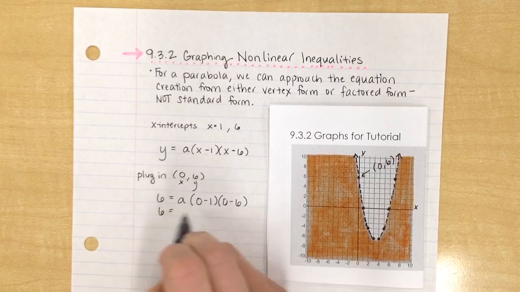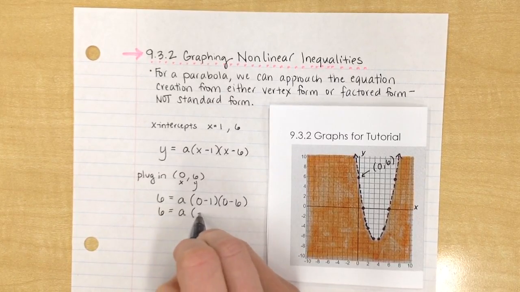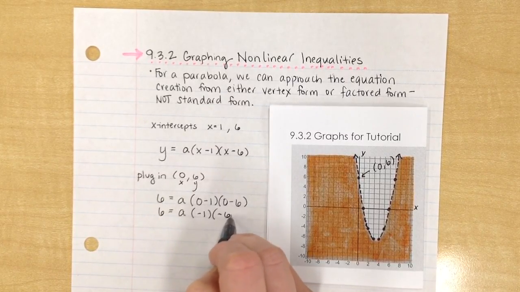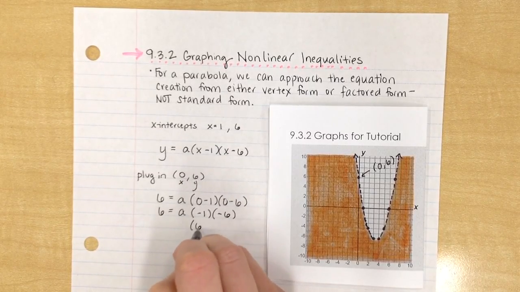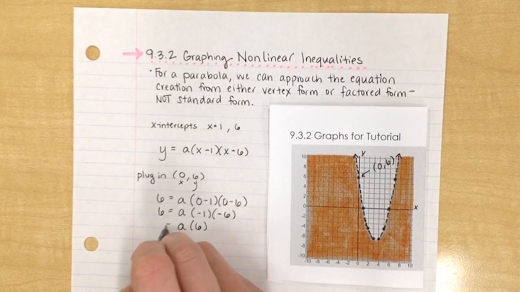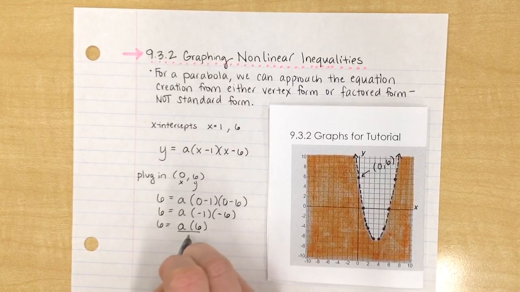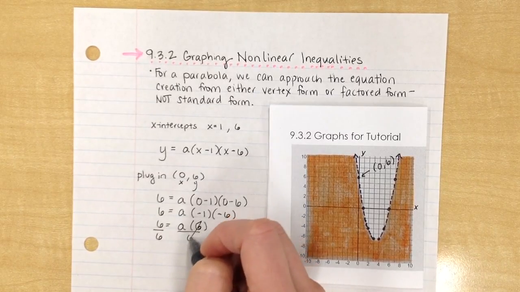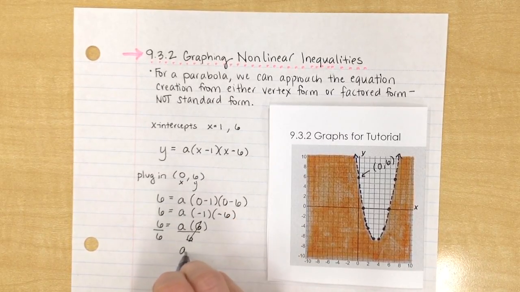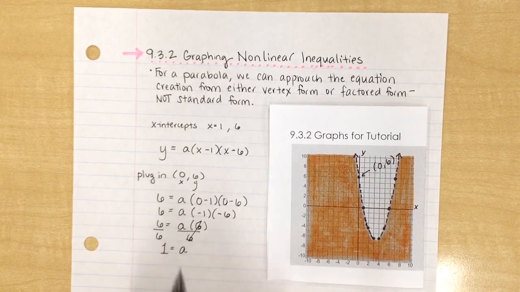I'm going to simplify this. I still have that a on the outside. Negative 1 times negative 6 is going to give me a positive 6 times a equals 6. My goal is to get that a all by itself, so I'm going to divide by 6 on both sides.